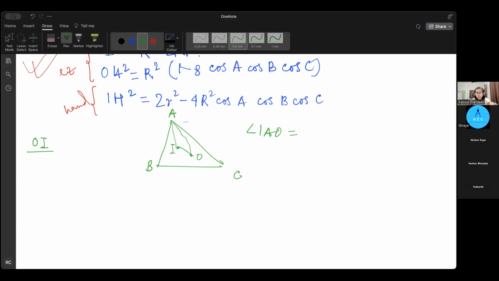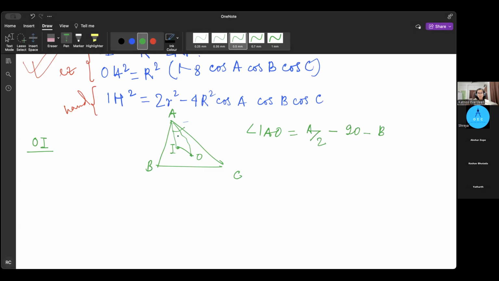I guess you can just take angle IAC as A by 2 and then minus angle OAC, which is 90 minus B. Okay, people speak up, and thank you, Shreya. So this is IAC minus OAC, and IAC is just A by 2, and OAC is 90 minus B. Sorry, it's not B. Fair.